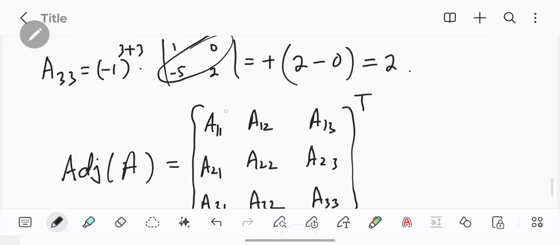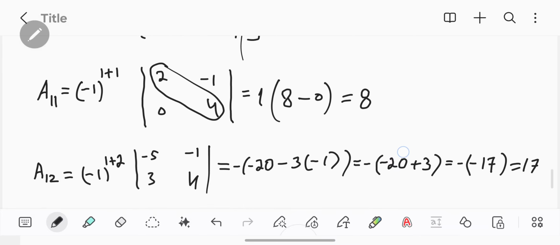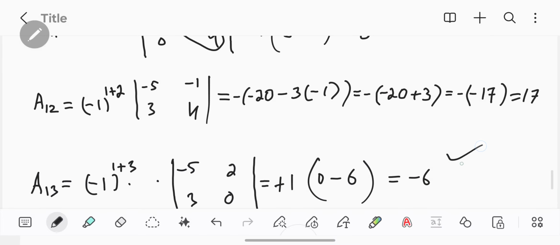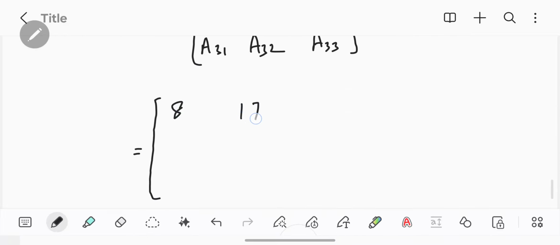If I put in all of these values, because I have already found those values, A11, A12, A13 are 8, 17 and minus 6. So I will write 8, 17, minus 6.